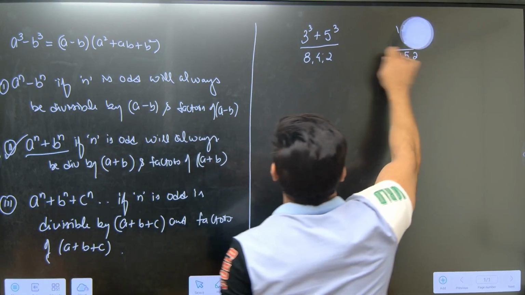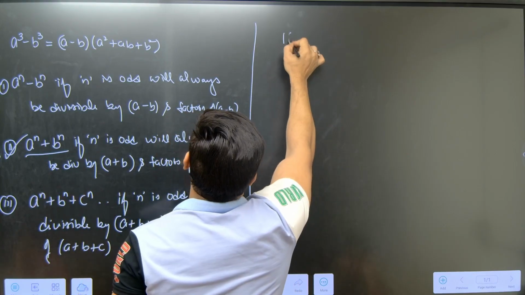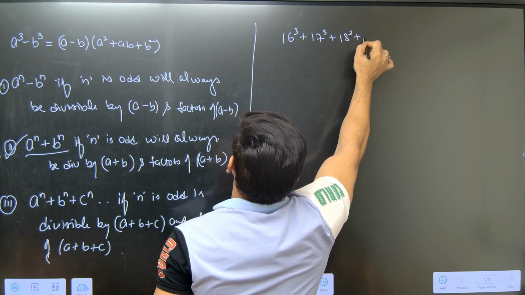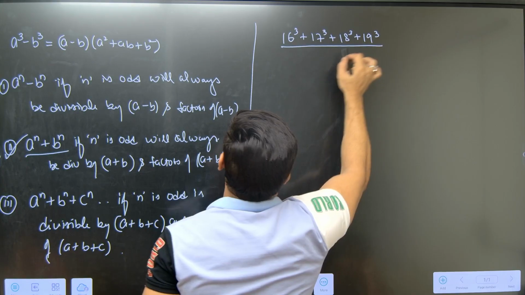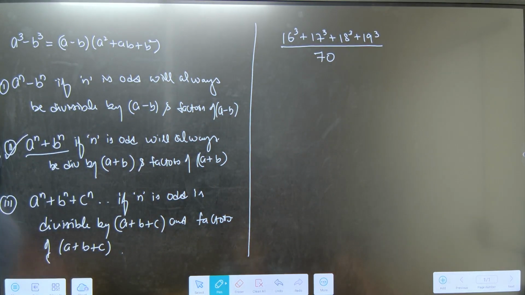Now, if you do not know this concept, and I give you a question like this, you will probably take a lot of time to solve it. Suppose I give you this number, and I ask what is the remainder when this whole number is divided by 70? Not too much calculator. 0.